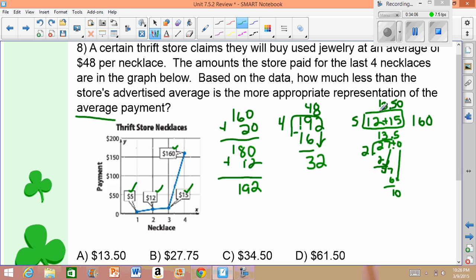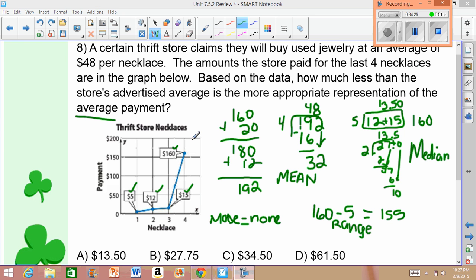Okay. We do not have a mode because there is no piece of data that is there most often. Okay, we can also look at our range, which is 160 minus 5, and our range of our data is 155. So the range isn't going to help us.